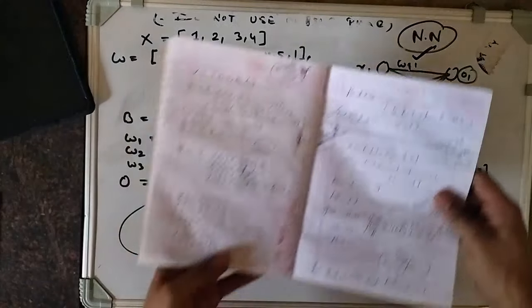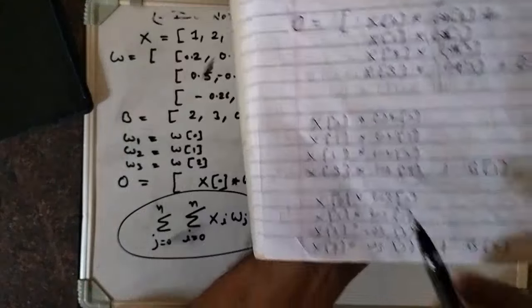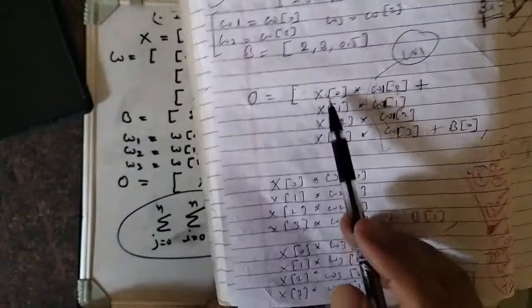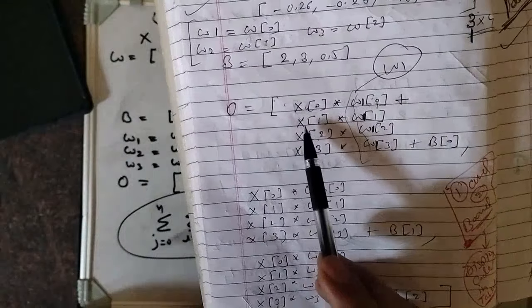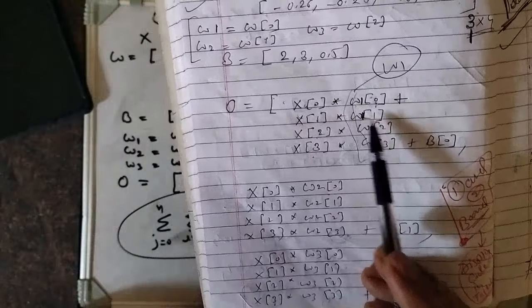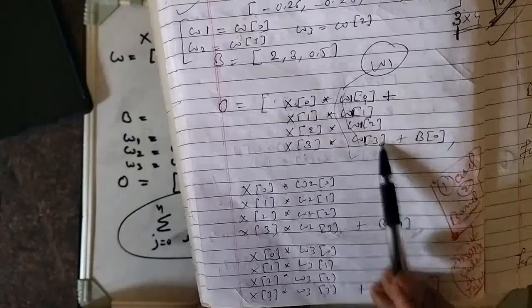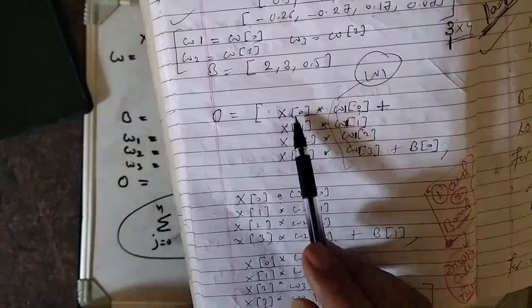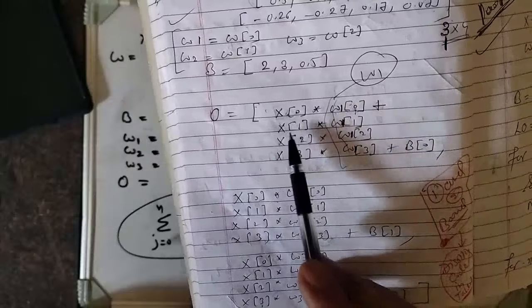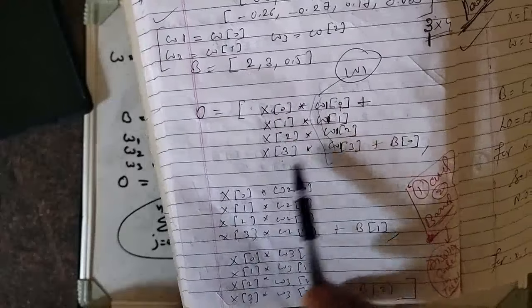If you are not able to understand what we have done, I will show: x0 into w1 1, x1 into w1 1, x2 into w1 2, x3 into w1 3 plus bias 0. Means for the first input we are multiplying x0 into w0, then x1 into w1, x2 into w2, x3 into w3.